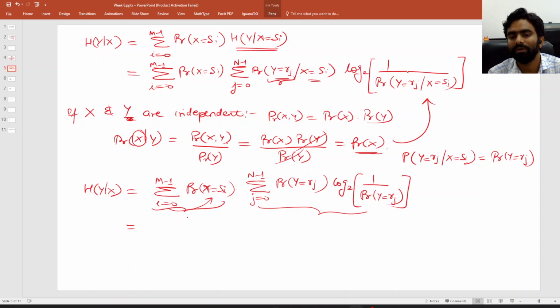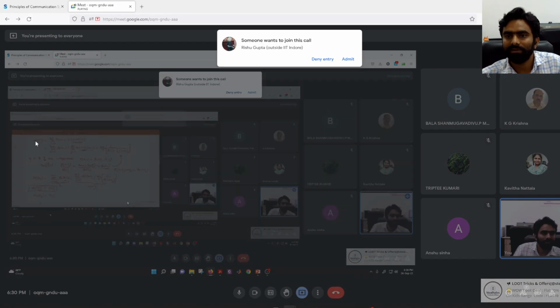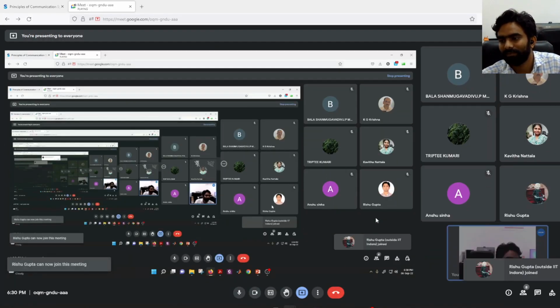So this term would be 1 and this term would be, as the sir said, the entropy of Y: the probability of Y equal to rj times log 1 by probability of Y. That is nothing but the entropy of Y only. So directly we can write this would be equal to H of Y, multiplied by 1. And H of X given Y would be, if X and Y are independent, then H of X. If they are independent, then this property will be applied, otherwise not.